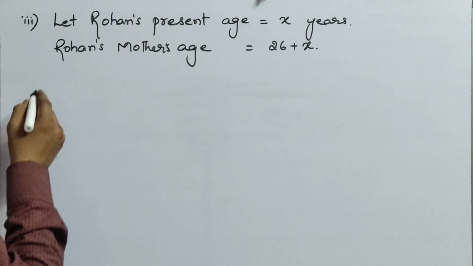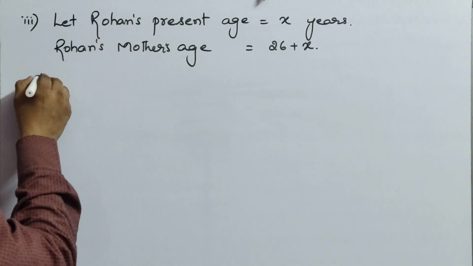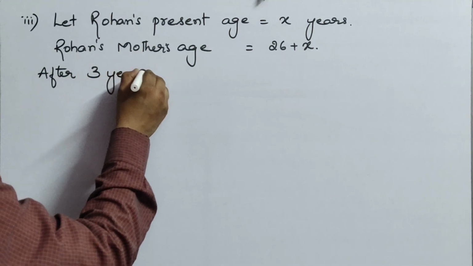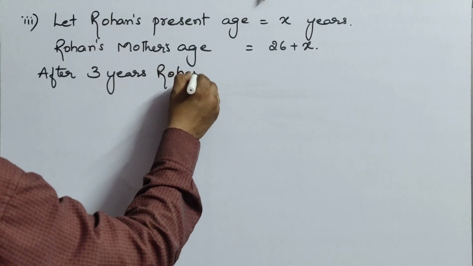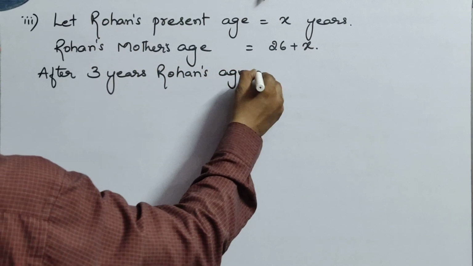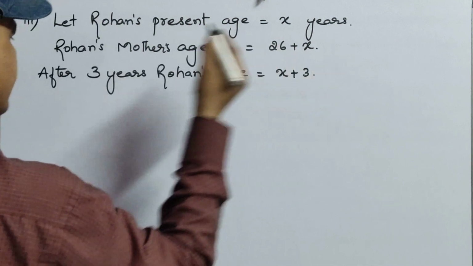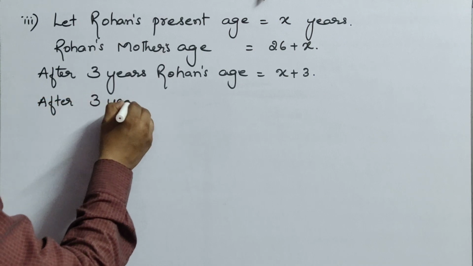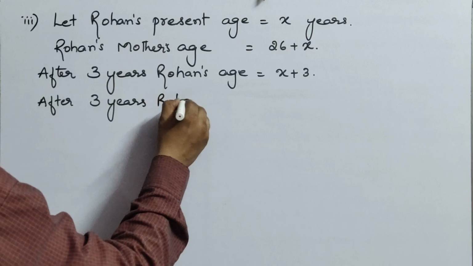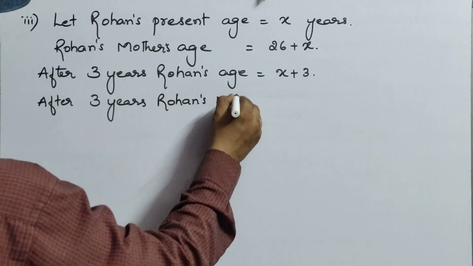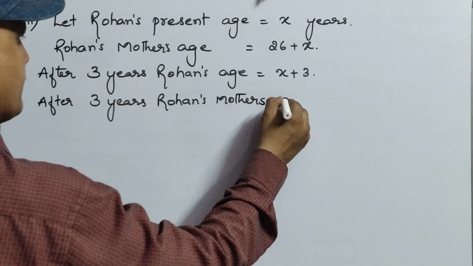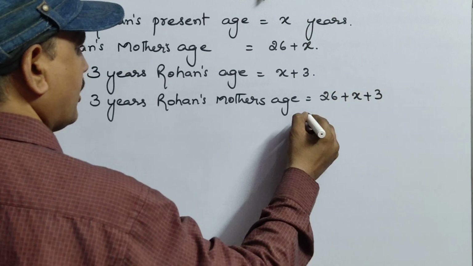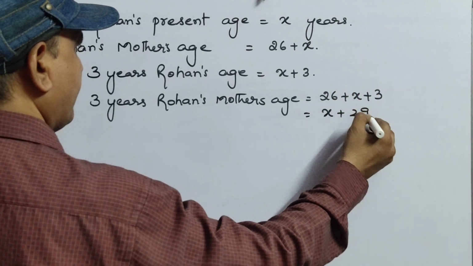Okay, next. After 3 years, Rohan's age equals x plus 3. Next, after 3 years, Rohan's mother's age equals 26 plus x plus 3, so total x plus 29.